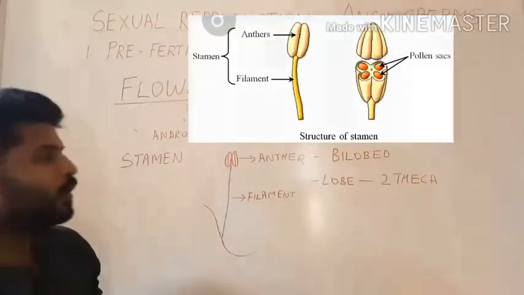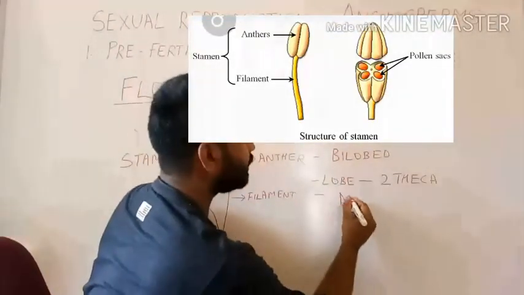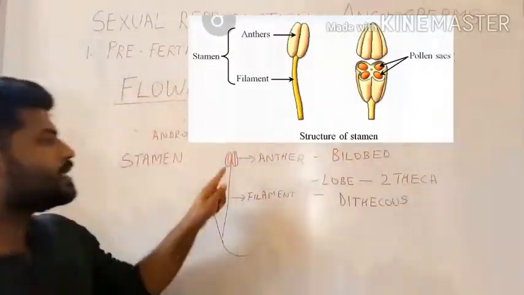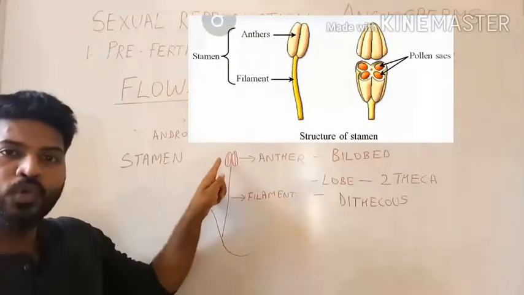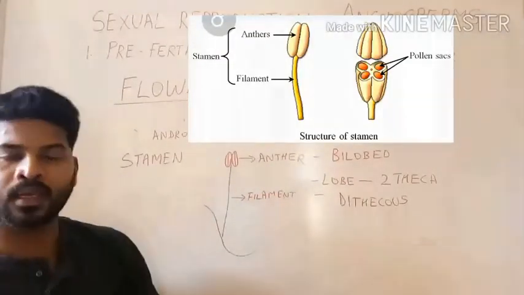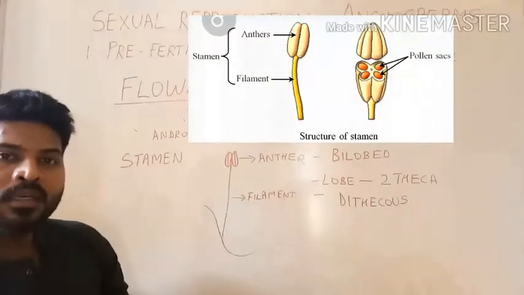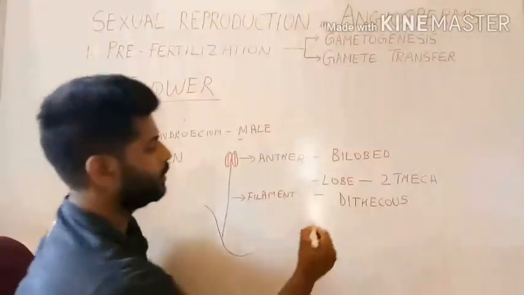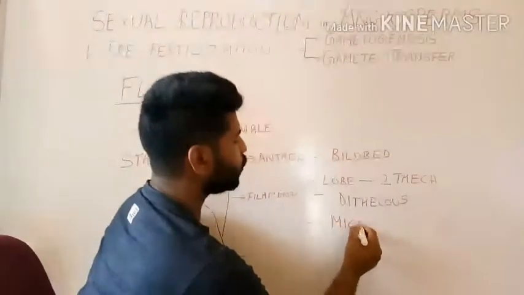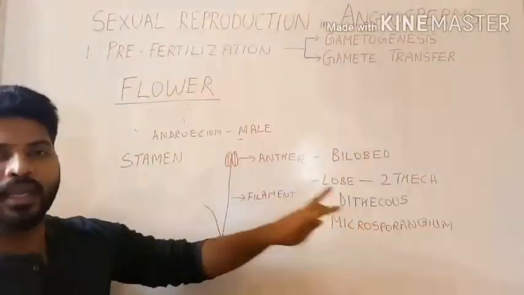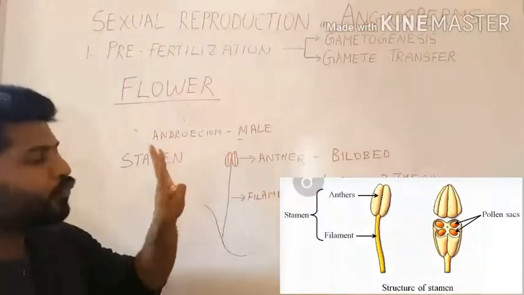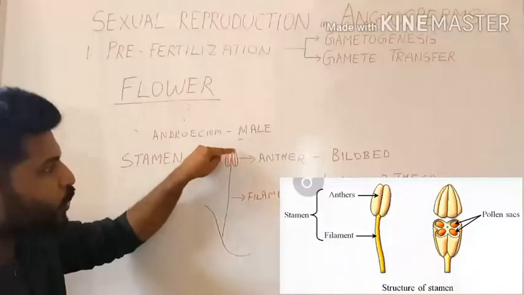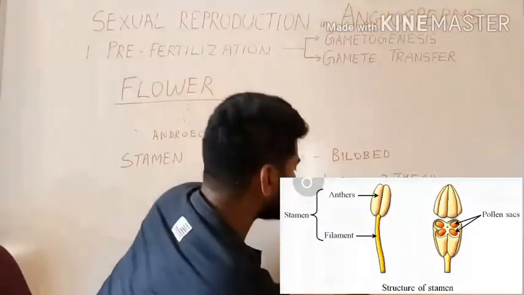Therefore, the condition is called dithecous. At the corner of each theca, there is a microsporangium.